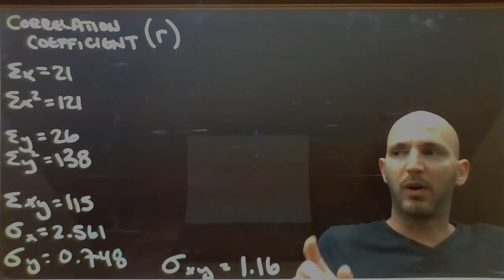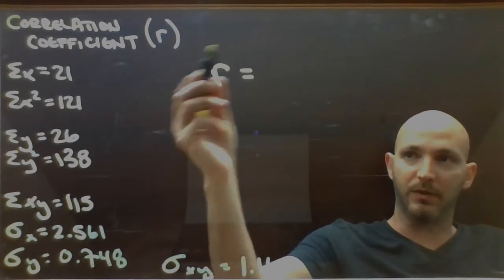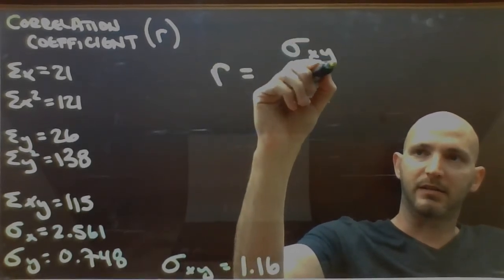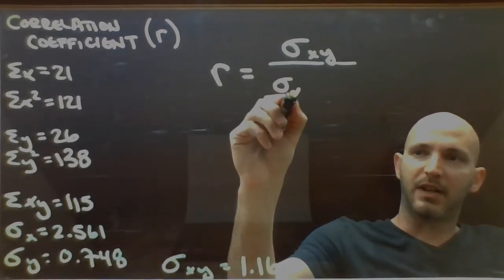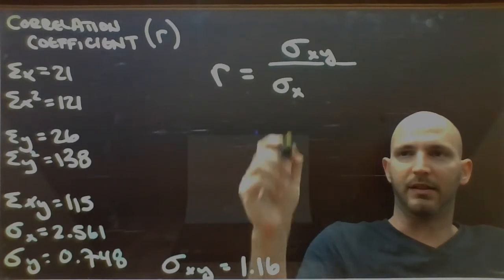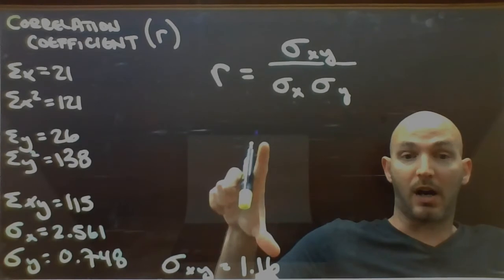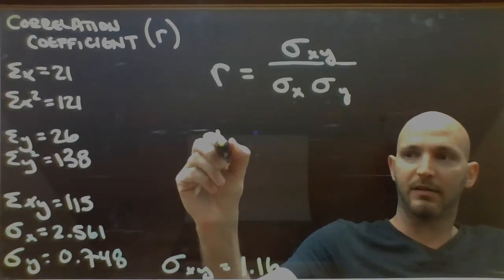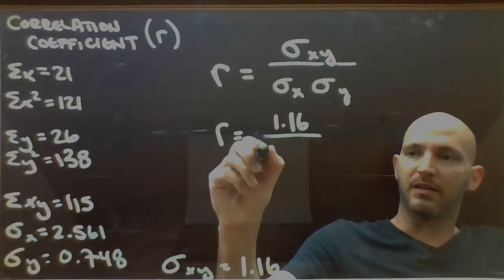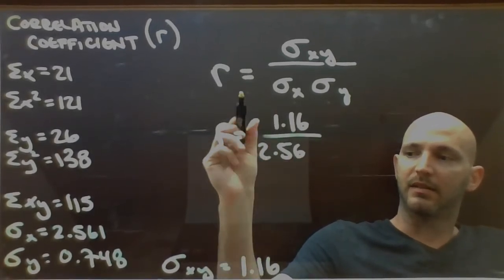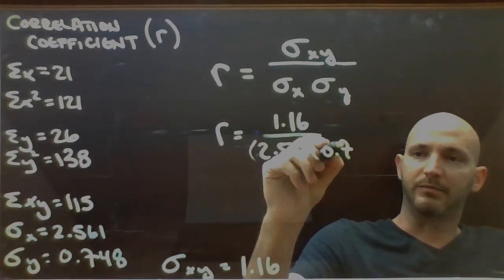So in order to boil that down into the correlation coefficient, R equals this covariance, and I'm going to divide it by the standard deviation of x, so that's how wide that rectangle is, and the standard deviation of y, which is how tall that thing is, and I would end up with 1.16 divided by 2.56 divided by 0.748.